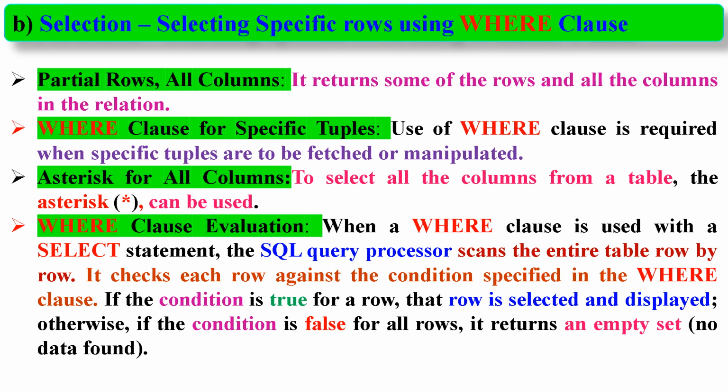Where clause evaluation. When a where clause is used with a select statement, the SQL query processor scans the entire table row by row. It checks each row against the condition specified in the where clause. If the condition is true for a row, that row is selected and displayed. Otherwise, if the condition is false for all rows, it returns an empty set, no data found.